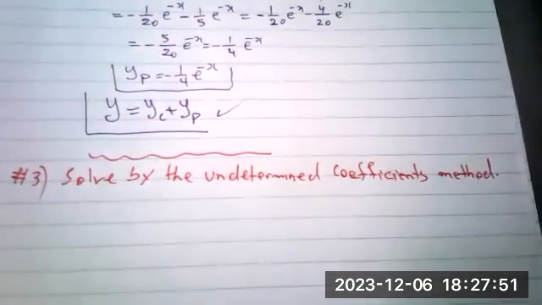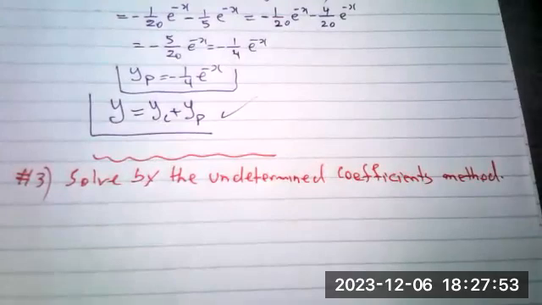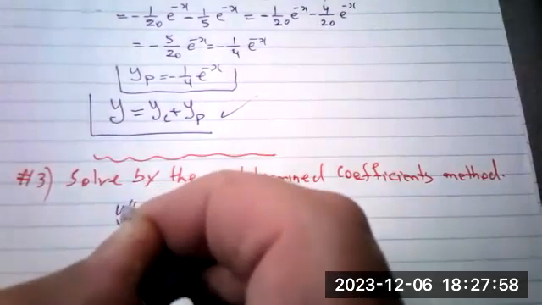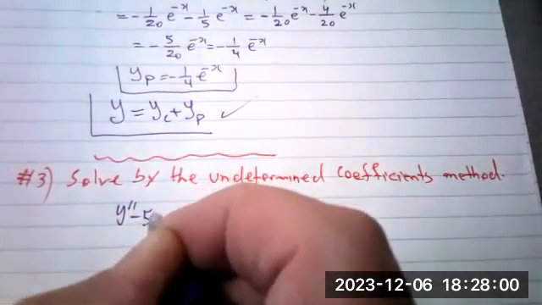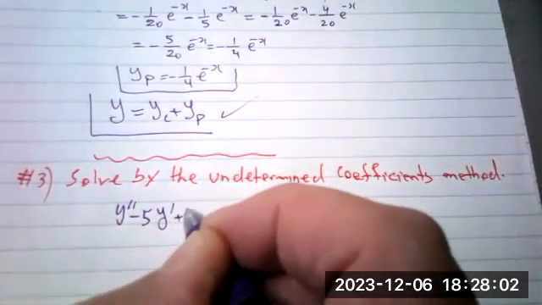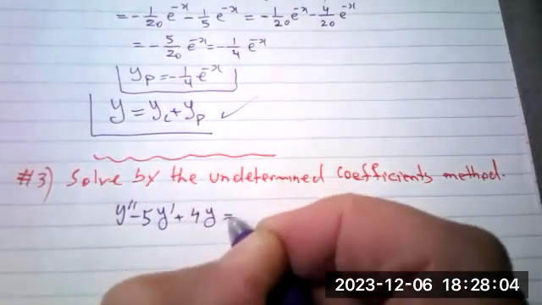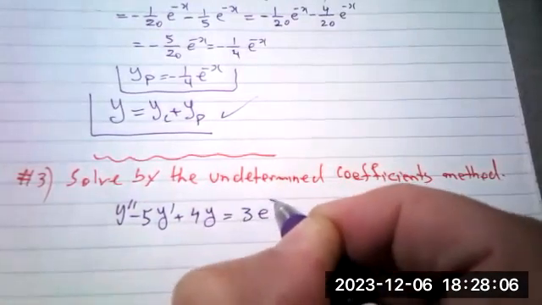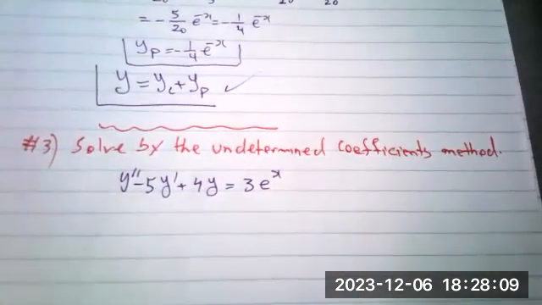It's going to be just a short version to be able to test that. So it is y double prime minus 5y prime plus 4y equal to 3e to the x. Okay, easy case.